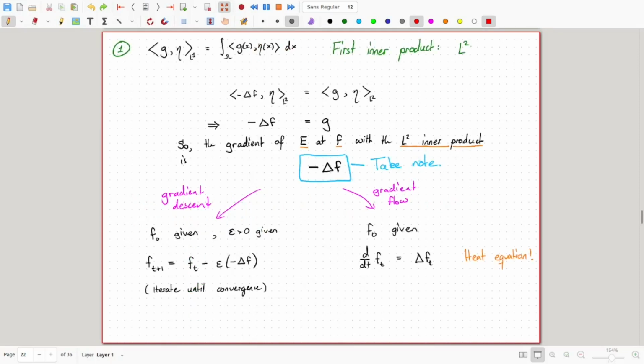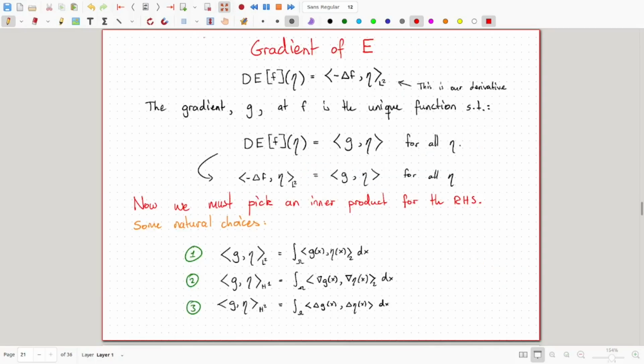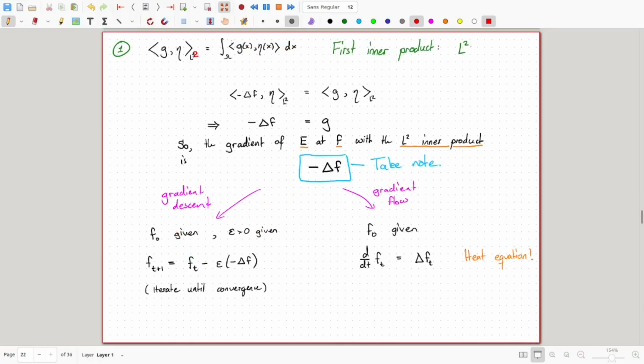So the first one is an inner product on L2. So this shouldn't say L1. Okay, so what happens if we pick this inner product? Well, we have our derivative on the left-hand side, and then on the right-hand side, we have our G eta inner product with our L2, which is what we've chosen.